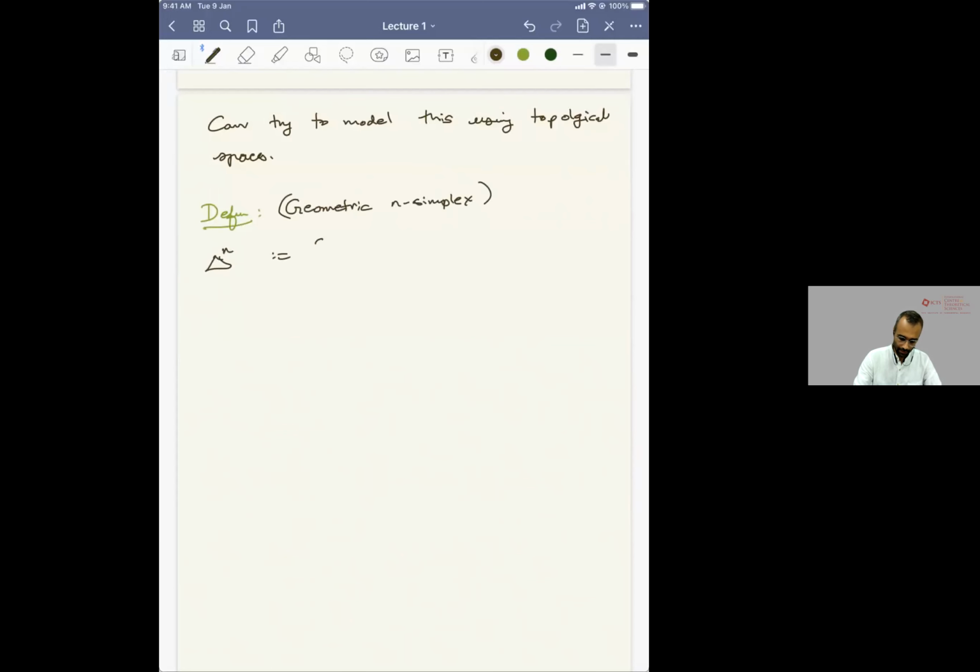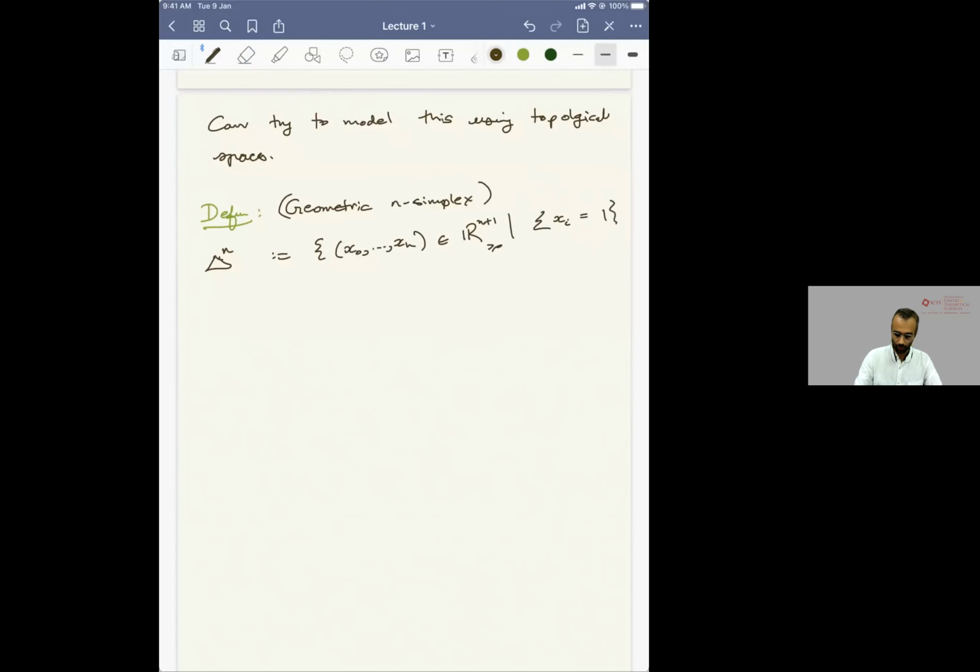It's defined to be the set of (x0 through xn) in R^(n+1) such that the summation of the xi is equal to 1 and the xi's are greater than or equal to 0.